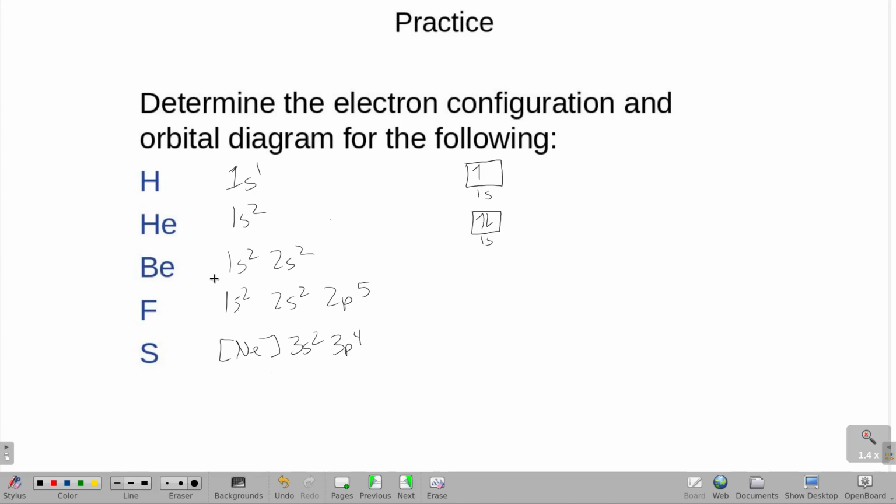But on beryllium, I don't need to draw that 1s orbital. I'm only going to draw the 2s orbital, the outermost or highest orbital. And the same with fluorine, I'm going to draw the s orbital and then the p sublevel: 2, and then 5.